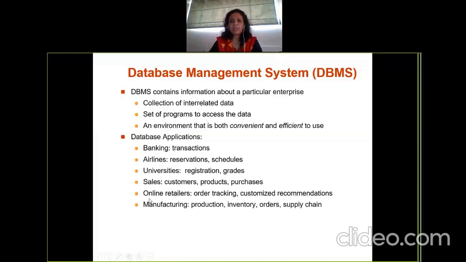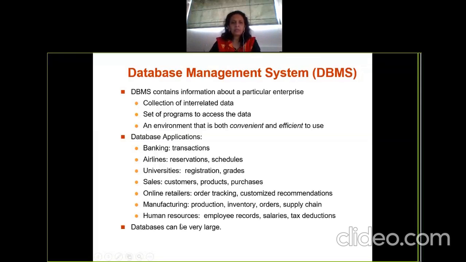Manufacturing industries need to keep the records of production, inventory, orders, supply, customers, etc. Human resources, for example, government offices: the employee record, their salaries, tax deduction, everything related to the employee. So these are very few examples.